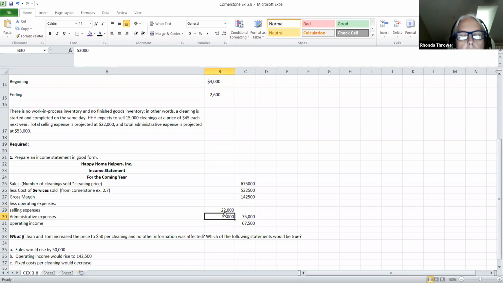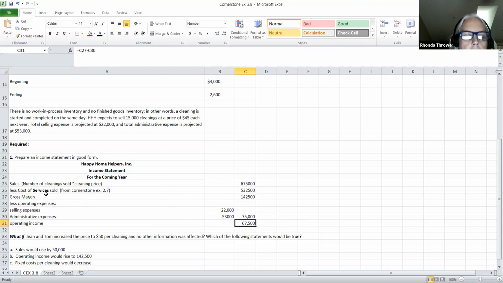The total of your selling expenses and administrative expenses gives you total operating expenses of $75,000. These would be deducted from your gross margin to leave you with the operating income. So this is the income statement for a services type of business.